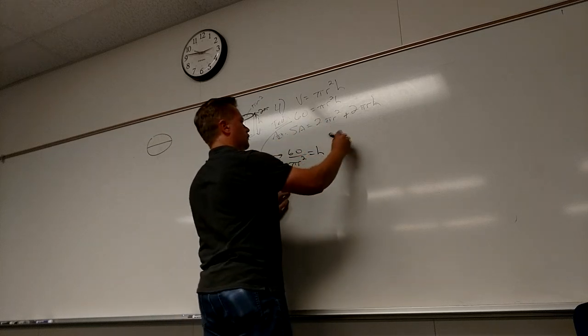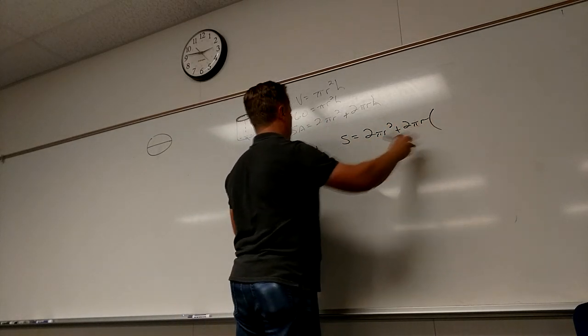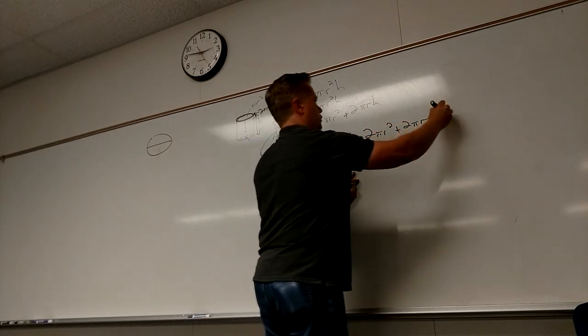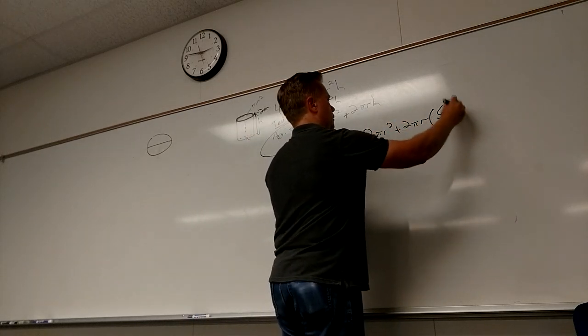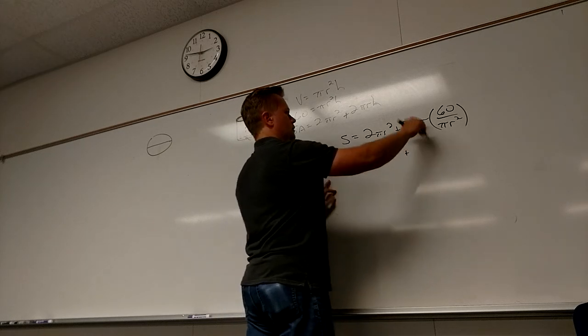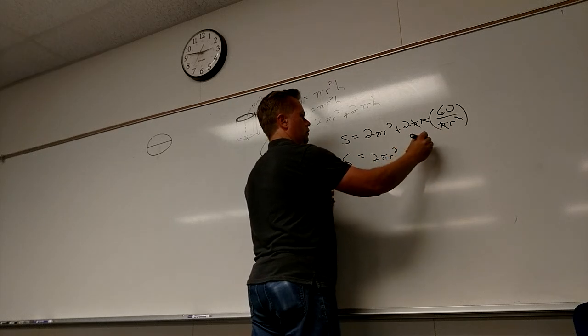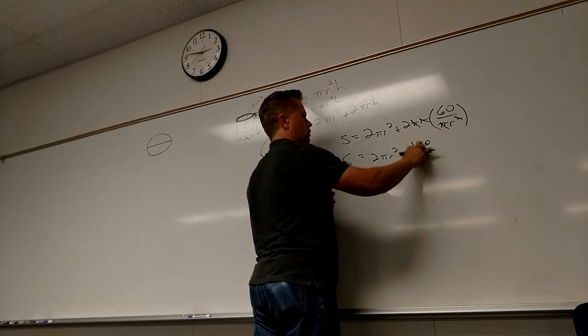So now I get surface area is 2 pi r squared plus 2 pi r times 60 over pi r squared. Now what happens there? 2 pi r squared plus, pi dies, 1 r dies, 120 over r.